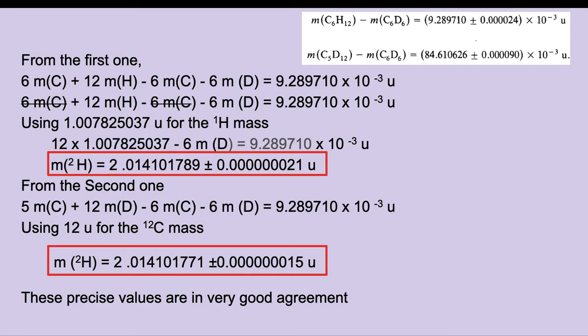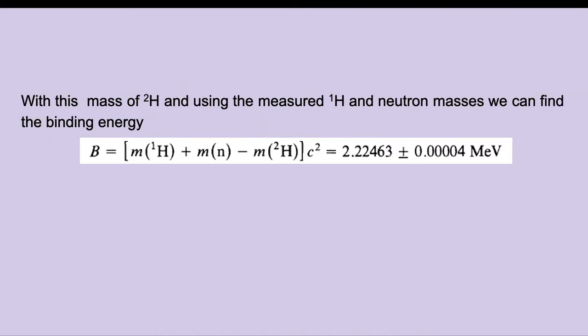And we got the mass of deuteron now. But our aim is to find out the binding energy, which we can find by this method, with this mass of 2H and using the measured 1H and neutron masses. 1H means your proton, and this is the neutron mass. Here 1H means you are actually adding the mass of the electron also with it. This is the technique.